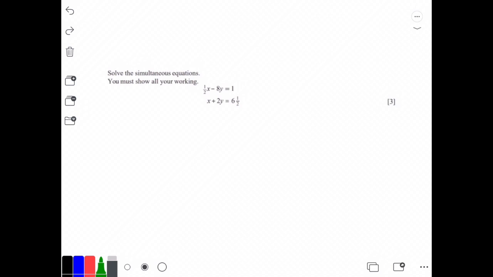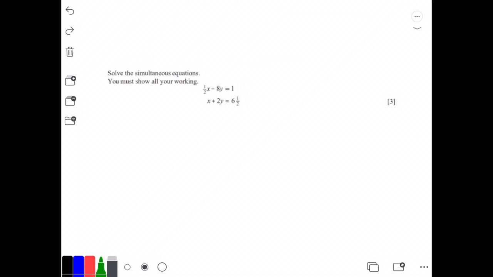Solve the simultaneous equations. You must show all your working. The aim of questions like these is to remove one of the components from the equations. I will demonstrate how you can do that.